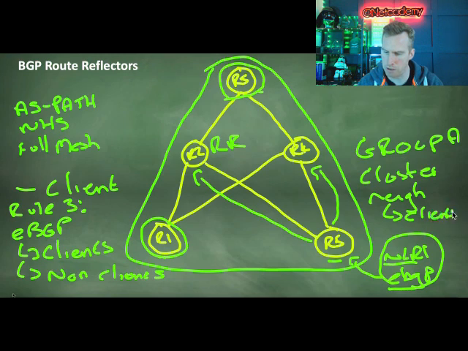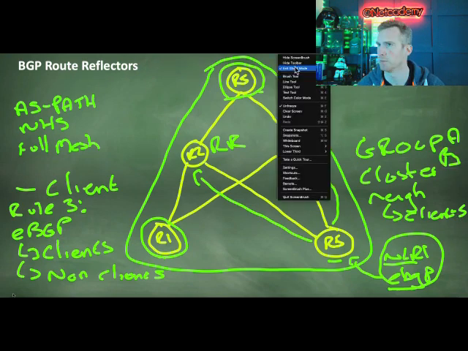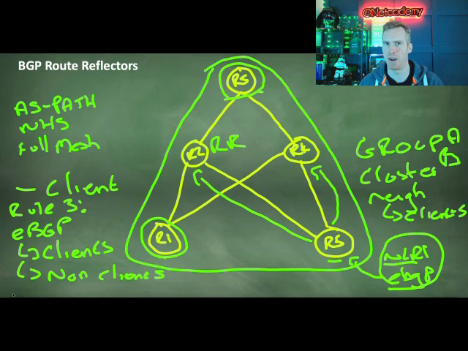And rule 1 defines that client, whoever that client is, will advertise that learned prefix to other clients, but also to other non-clients who reside in a different group, i.e. group B. Rule 2 defines when a non-client is advertising a learned prefix to a route reflector, the route reflector will reflect that route to clients but not to other non-clients.